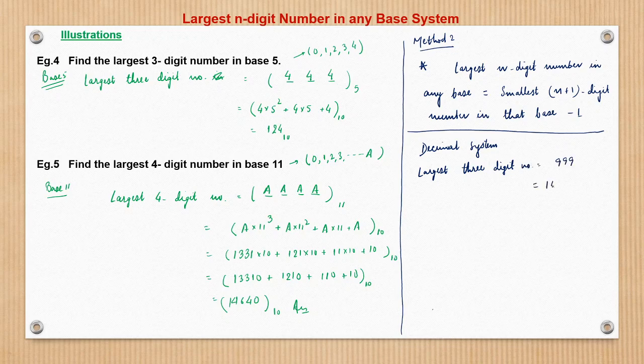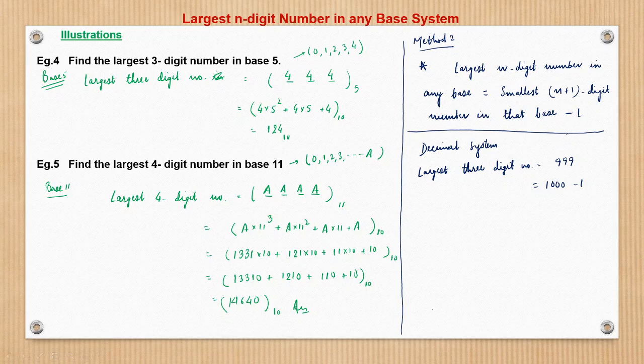This is the same as 1000 minus 1, which is nothing but the smallest four-digit number, n plus 1, minus 1. So that is what we are saying: the largest n-digit number in any base is equal to the smallest n plus 1-digit number in that base minus 1, right?